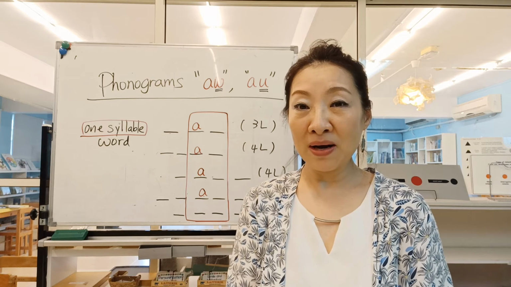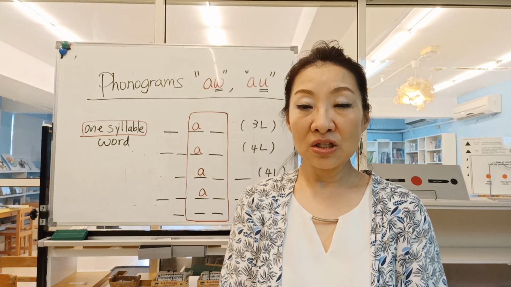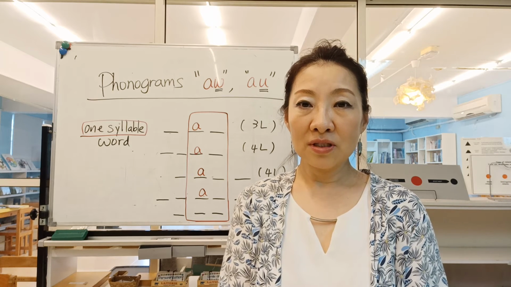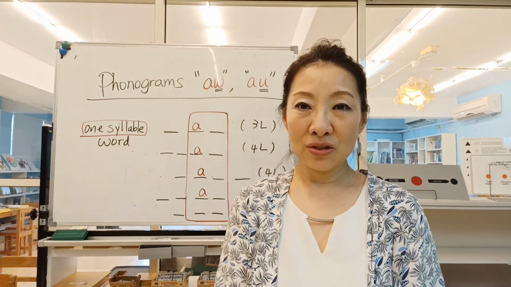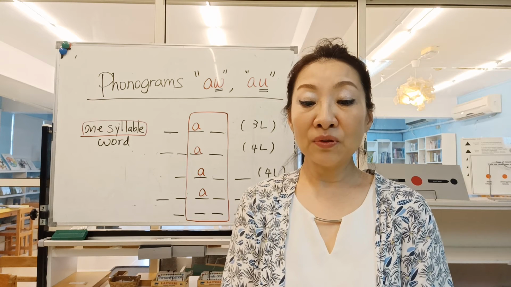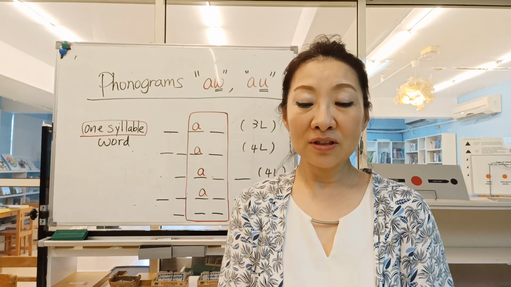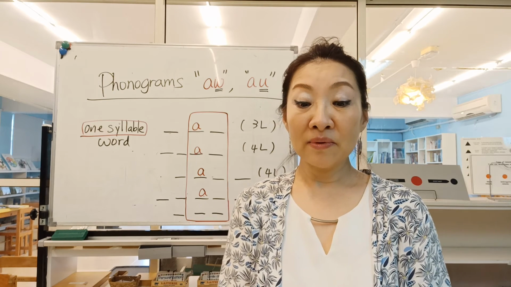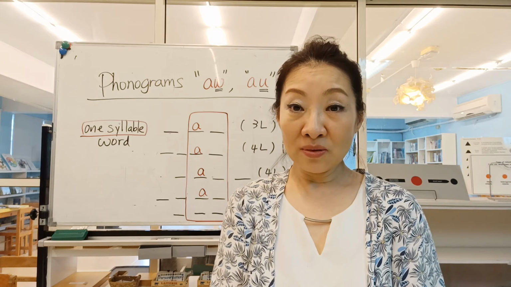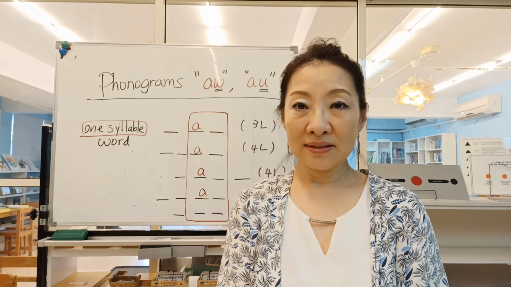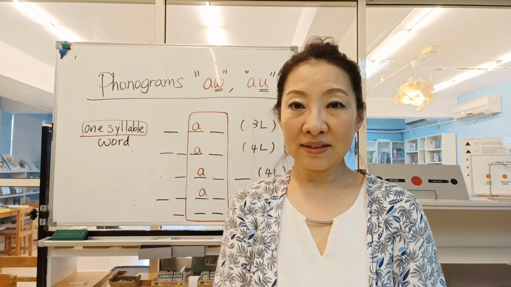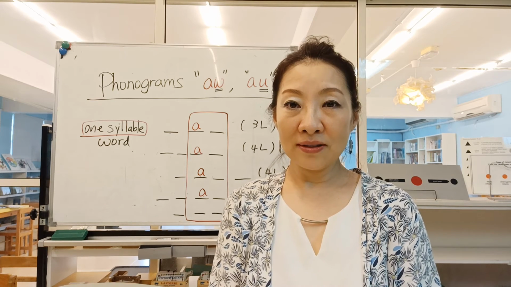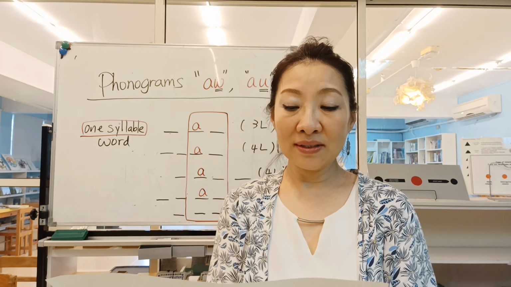All right, from number one. One, saw, saw. Number two, jaw, jaw. Number three, four-letter word, claw, claw. Number four, four-letter word, hawk, hawk. Number five, four-letter word, yawn, yawn.